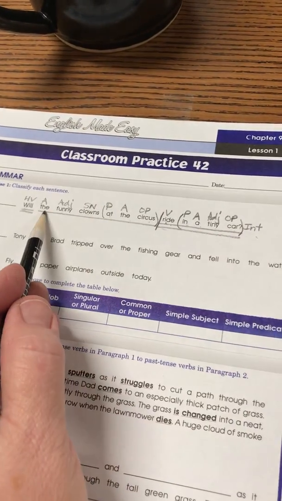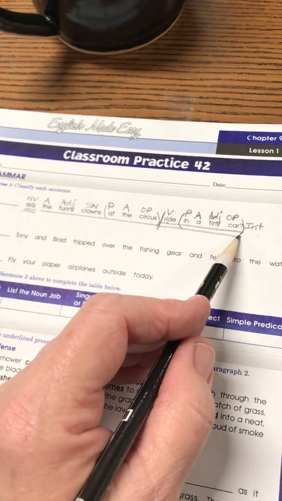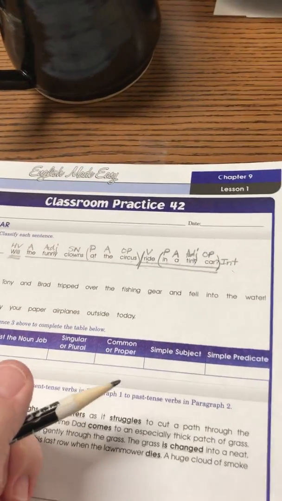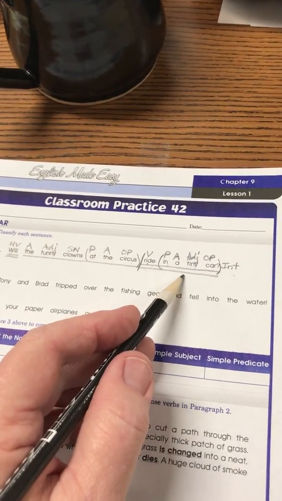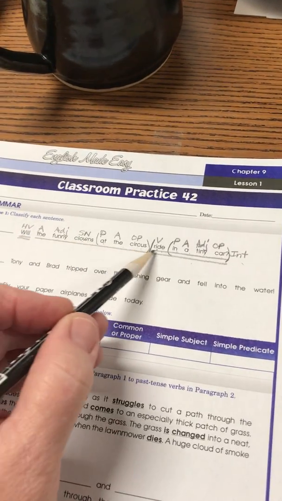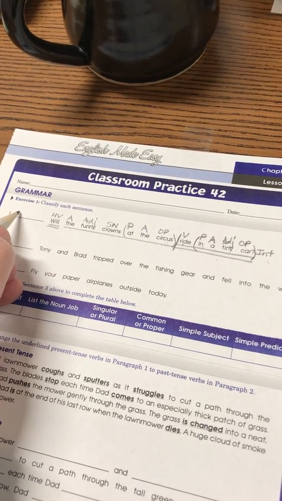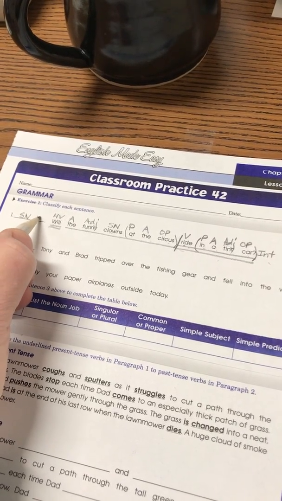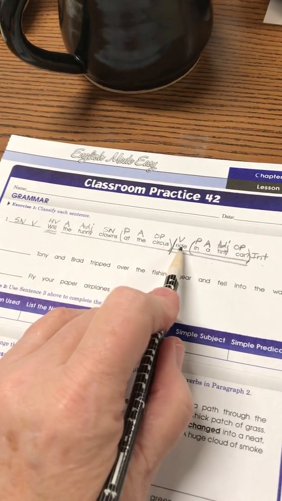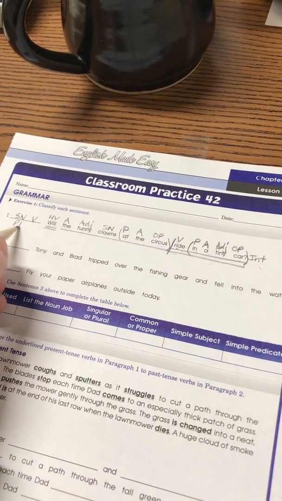Listen, the funny clowns at the circus will ride in a tiny car. So that changes it into a declarative sentence. To make it an interrogative sentence, the subject noun comes between the helping verb and the verb. Okay, back on our line here, we have subject, noun, verb. Did we use verb transitive? No, so that makes this pattern 1.